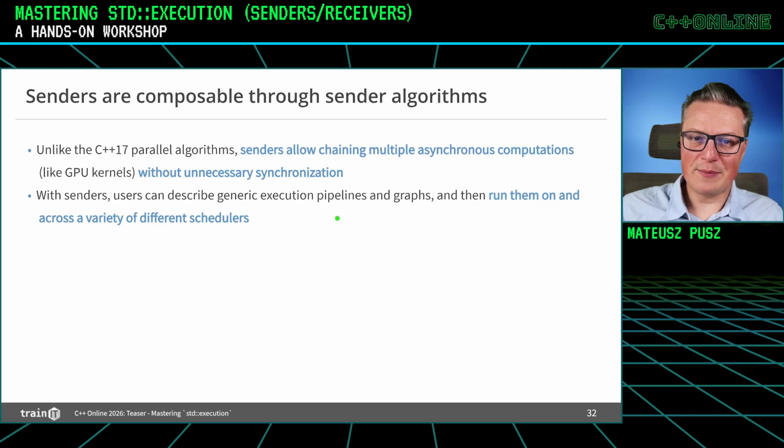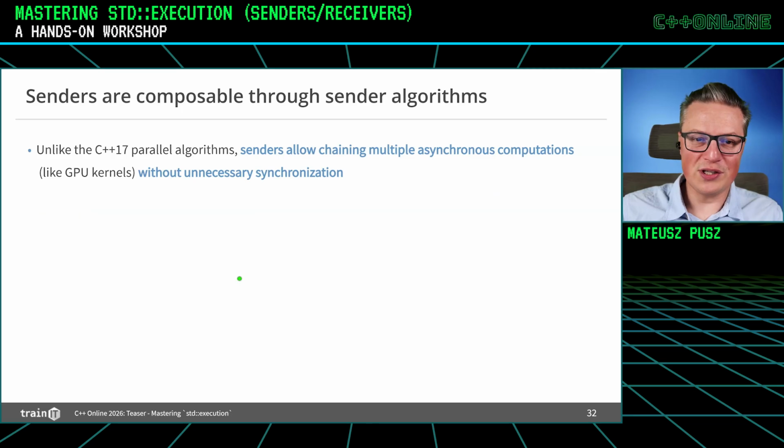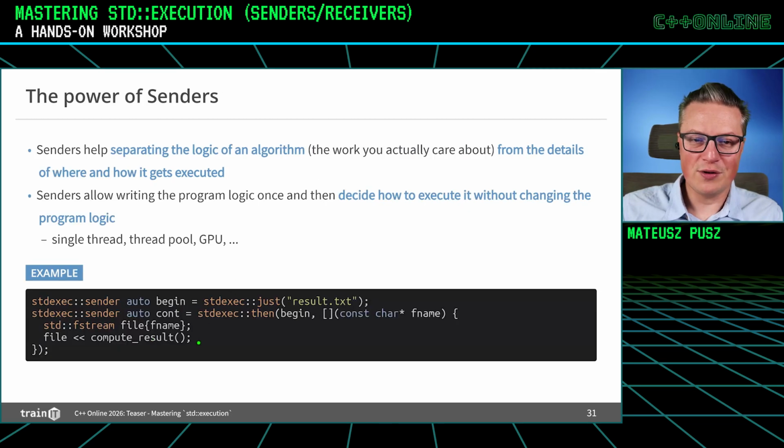With senders, a user can describe generic execution pipelines and graphs, and then run them across a variety of different schedulers, right? Notice that I didn't specify where it's being run at all. I just specified what work I want to do. And I can put it on anything, single thread, thread pool, GPU, and this work will just be executed there.